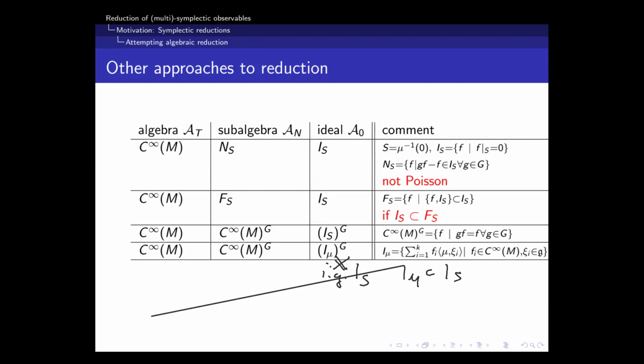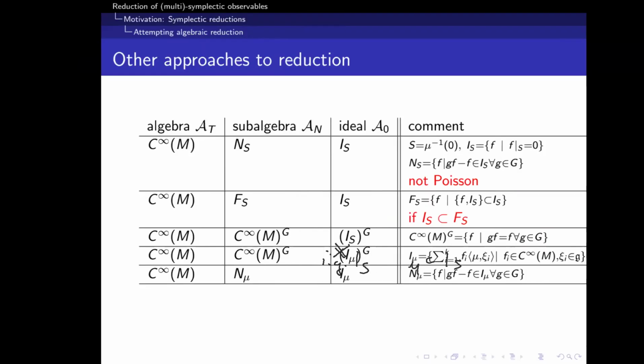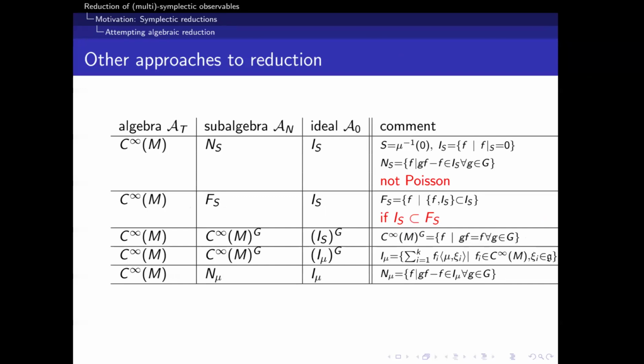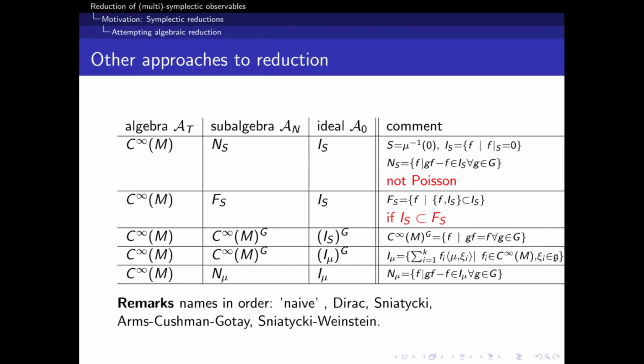Or something else which we could do is take the normalizer of this ideal I mu and divide it by I mu. And those are all different reductions for the singular symplectic case present in the literature.